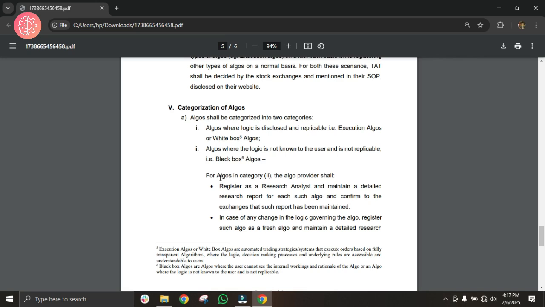Another very important point: if you are intending to offer your algo strategies to your clients, then SEBI says that the provider of the black box algo strategy must be a research analyst. In essence, only an RA will be allowed to offer these black box strategies.